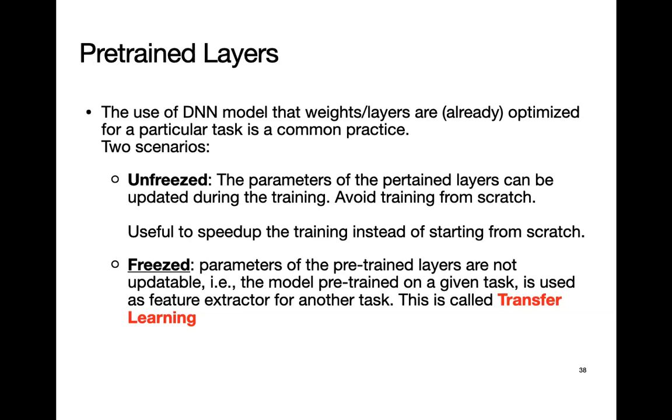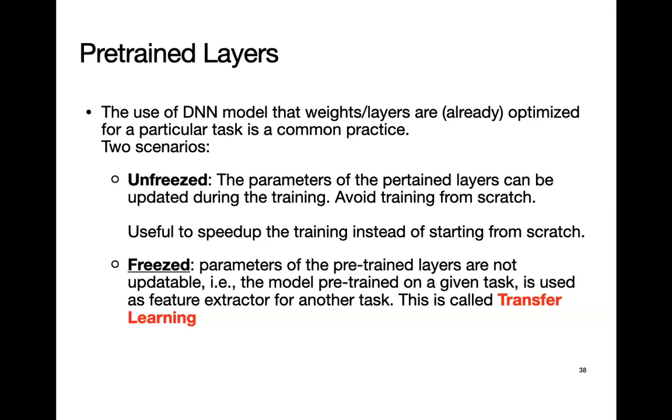This means you have optimized them before, but they are unfrozen, which means that you can keep updating them. So you load them and you keep training. Let's say you started training your model yesterday, you trained it for 10 epochs. Today you load it, and you continue training for 10 or 100 more epochs. This is what we call the unfreeze mode.